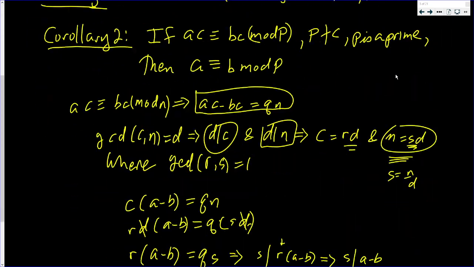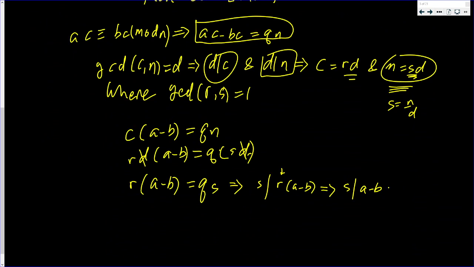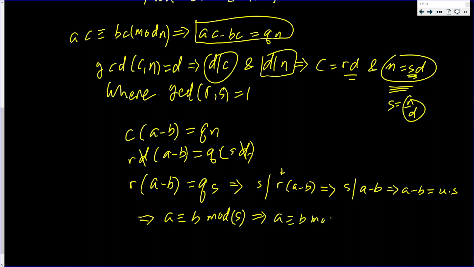So, what this tells me is that A minus B is some multiple of S. That implies that A is congruent to B mod S. But S is n over D. A is congruent to B mod S, which is n over D. And this n over D makes sense because D divides n. That is, this here is an integer.